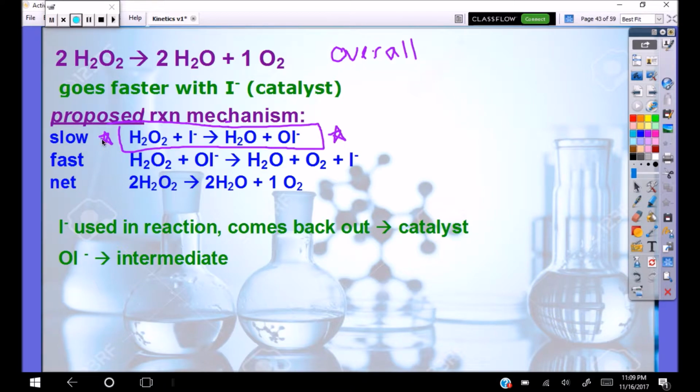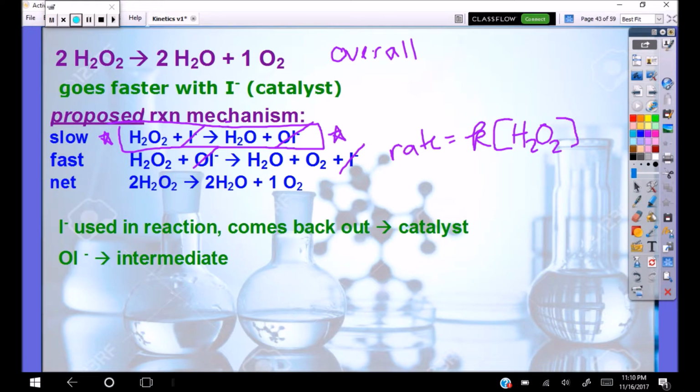Because this is the rate determining step. We know that these two things don't exist truly because they cancel out down here, so we would not write them in the rate law. So we could suggest that our rate is equal to k times the concentration of H2O2.